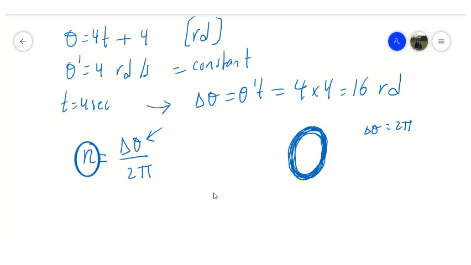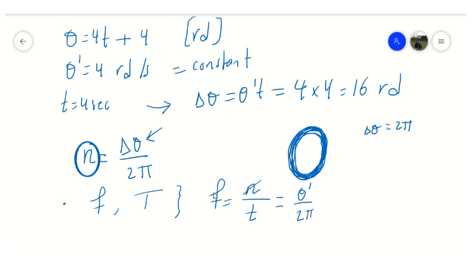Now you all know that if the motion is periodic, we can determine its frequency and its period for the circular motion. Frequency is the number of revolutions performed per unit time. If we substitute n by delta theta over 2 pi, and t for the time, we get that the frequency will be theta prime over 2 pi.